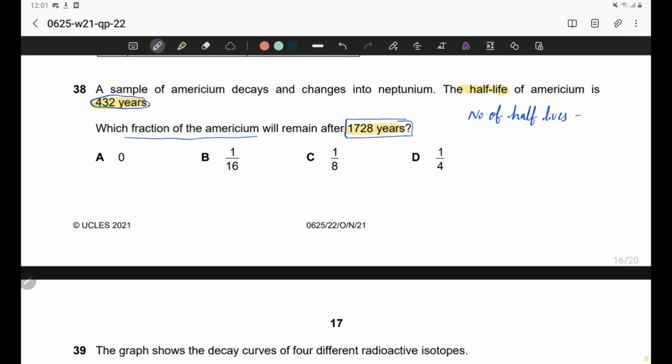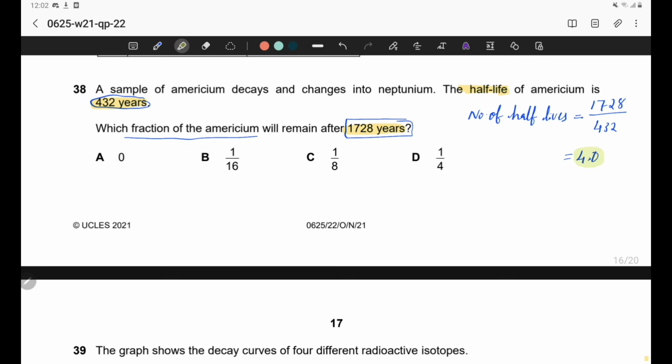For that we just need to divide the total time over the half-life. So we will get 4. That means in 1728 years the americium sample must have gone through 4 half-lives.